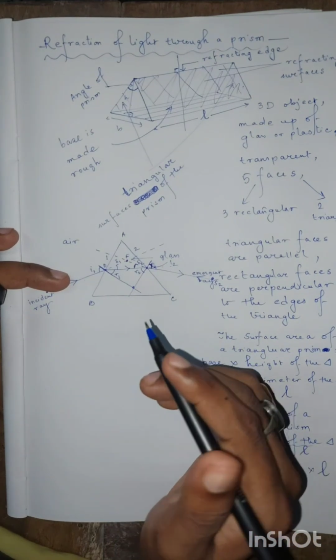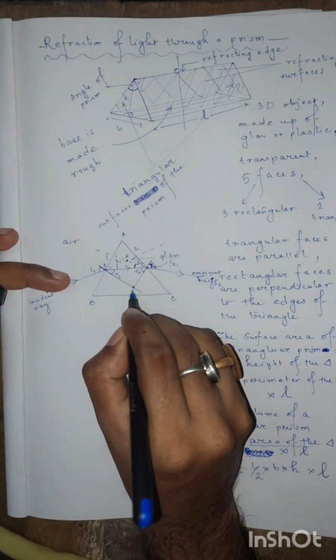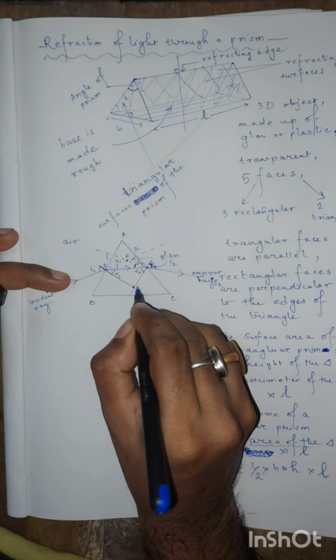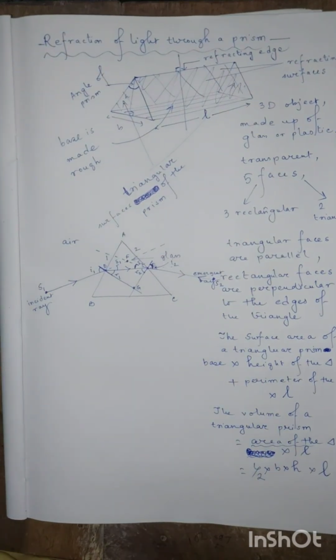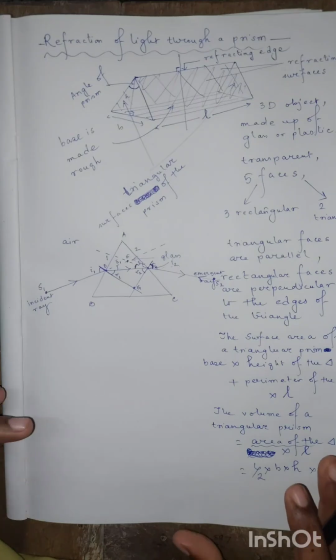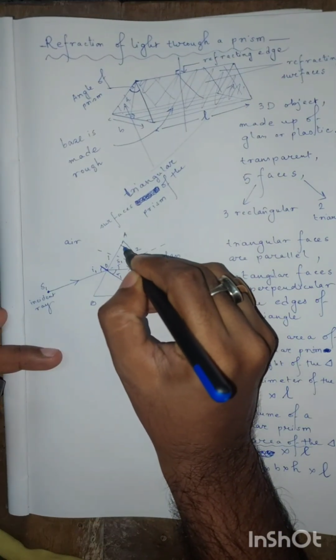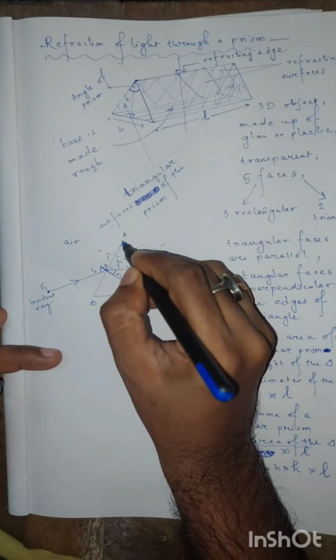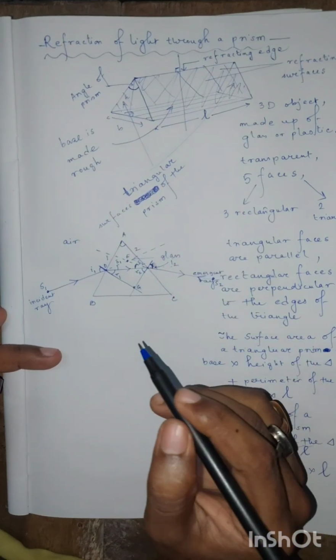Let us call this point G. This is our angle of prism, angle A.